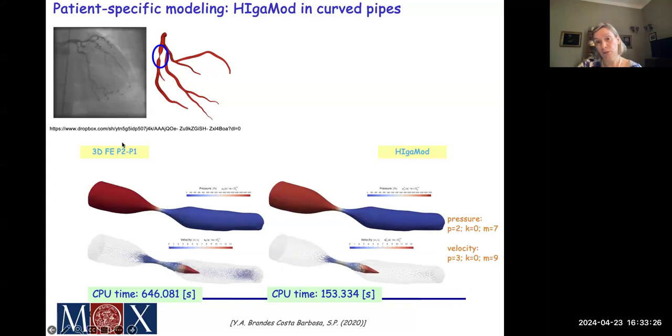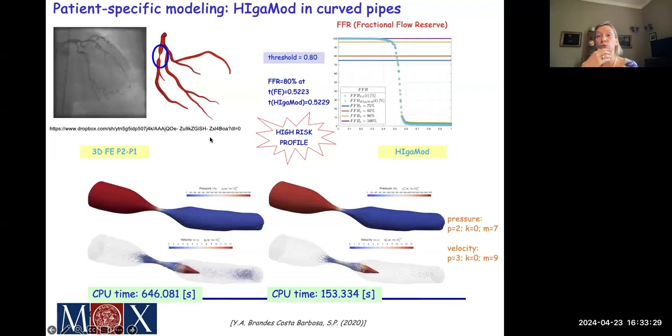And we have exploited this test case also to carry out, I would say, more clinical investigation, in the sense that we have exploited the reduced context to compute one of the medical indices which are currently used by doctors in clinical application, the so-called fractional flow reserve, which is essentially a measure of the pressure after and before the stenosis.